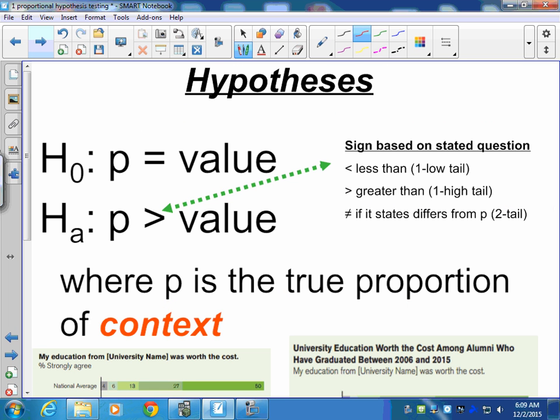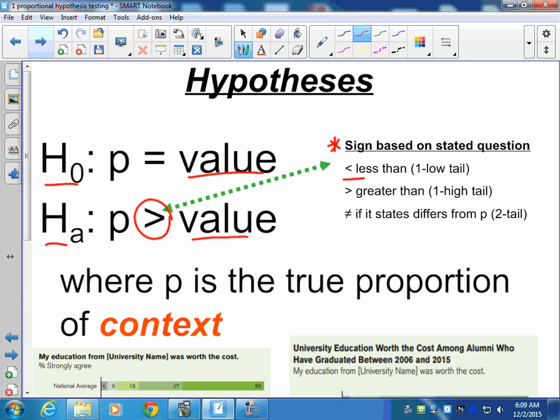When we look at hypothesis tests, there's one extra piece that gets added in, and it is our null and alternative hypotheses. And when we're writing our null and alternative, we're always working off of what we assume is true, and we're trying to prove otherwise. So when we write our alternative, remember the sign is based on the wording of the question.